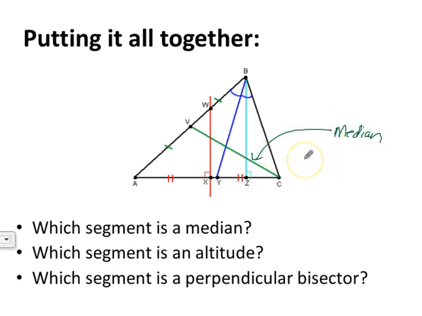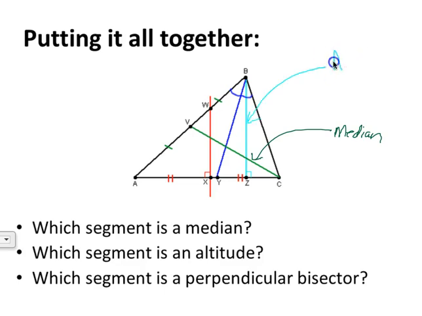And if you want, go ahead and click pause and try to find the altitude and perpendicular bisector on your own. Go ahead and click pause and try and finish this out on your own. The altitude, remember, starts at a vertex and intersects the opposite side at a right angle.